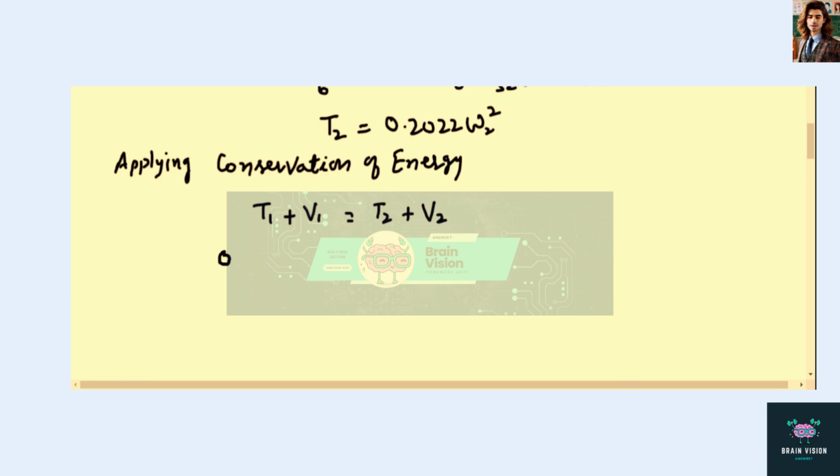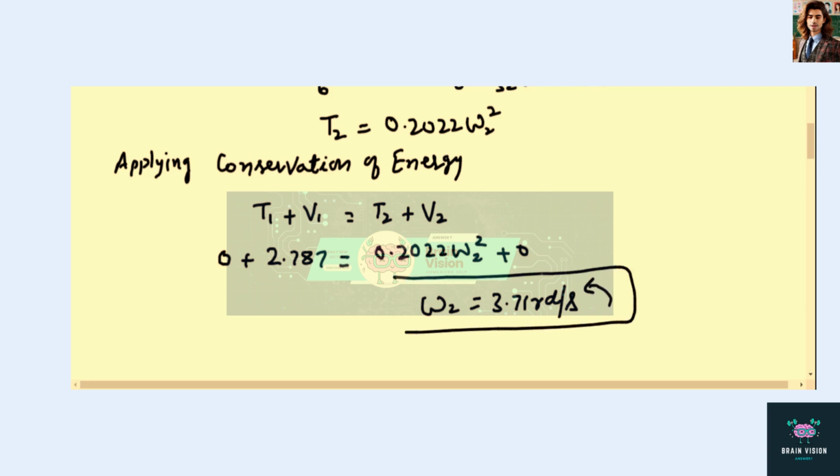In initial position, kinetic energy is 0 and potential energy we have measured 2.787. In second position, kinetic energy we have measured 0.2022 omega 2 square and potential energy is 0. So omega 2 we will get 3.7 radian per second. This is answer of A part.